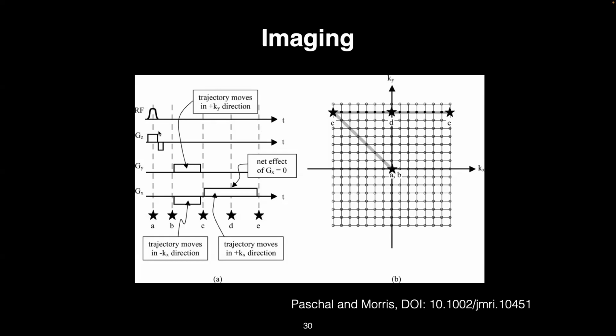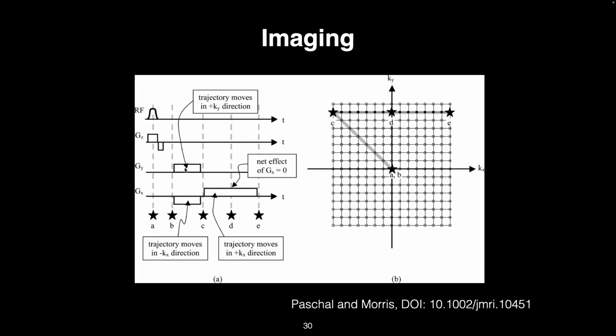So you transmit your RF, and we had one gradient on here that would select which slab of tissue we're going to excite. That's this GZ here. And now we want to encode some spatial information into the slab of tissue that we've excited. That's what we're doing here with these gradients along GX and GY. Then to read out the information, we turn off these two gradients in GX and GY and turn back on this one here in GX.